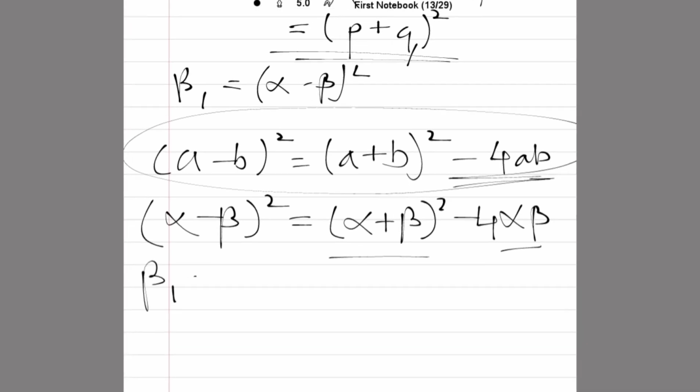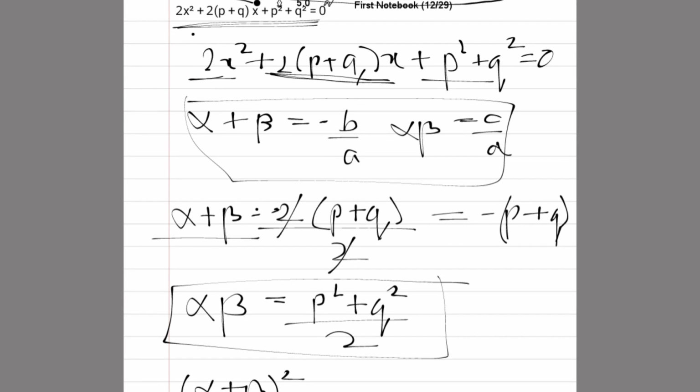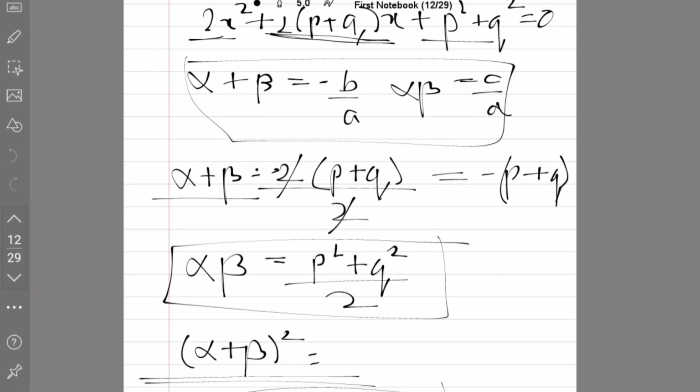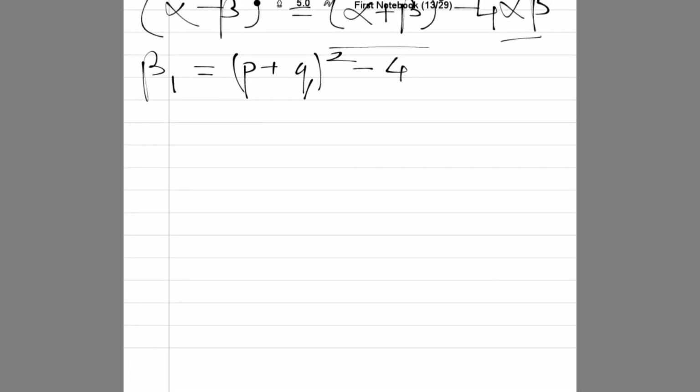So beta 1 is equal to alpha plus beta whole square, which is p plus q whole square, minus 4 into the value we found for alpha into beta, that is p square plus q square by 2. So we will substitute it here.